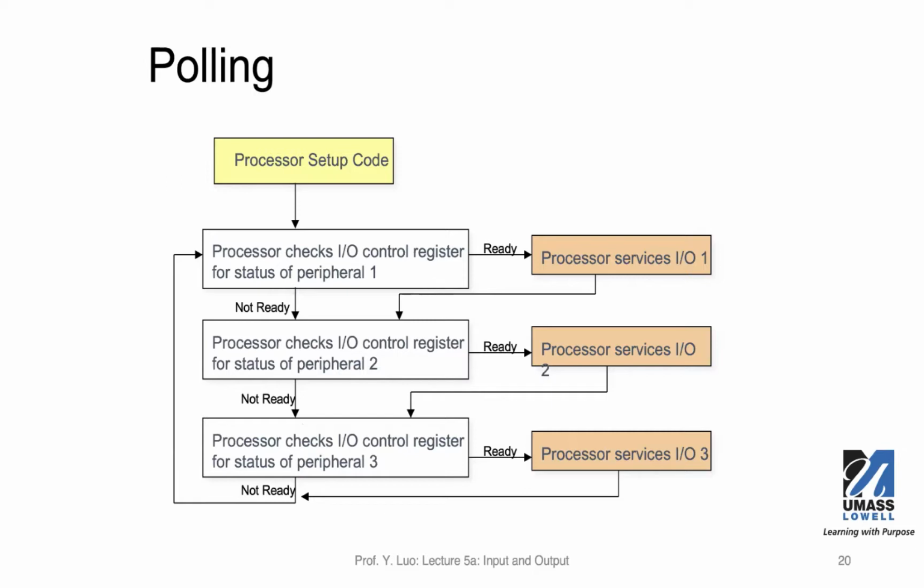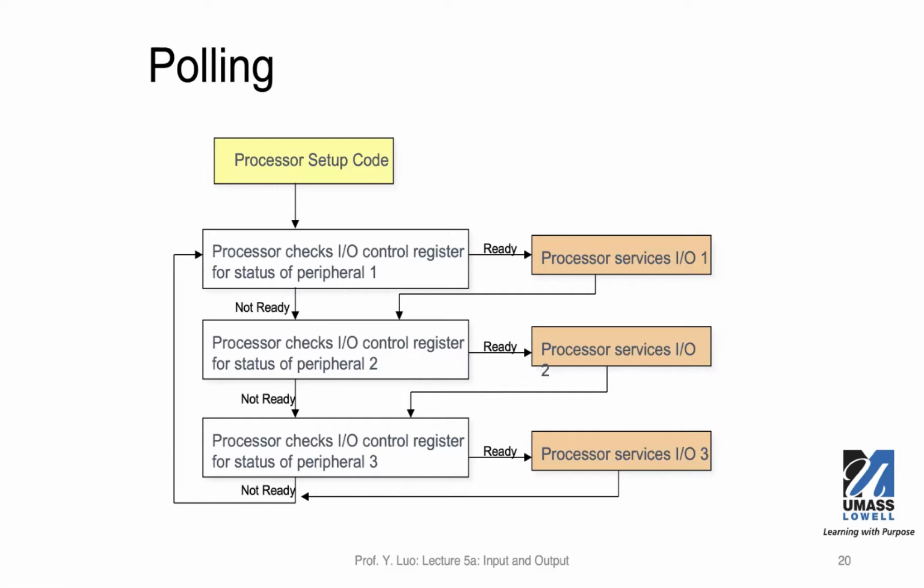I have to point out that if the peripherals are ready most of the time, and also you want very fast response, you might choose to use the processor to do polling. But for many situations, if these events are rare, the readiness of the peripherals is relatively rare or low probability, then you're wasting a lot of CPU cycles on this polling.